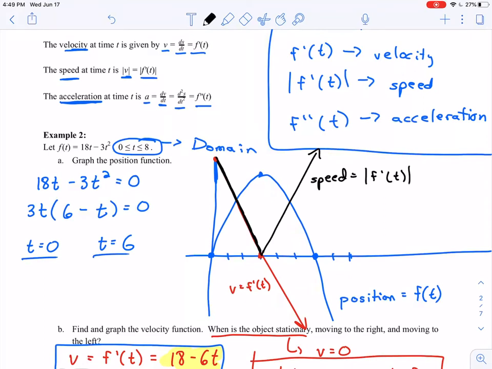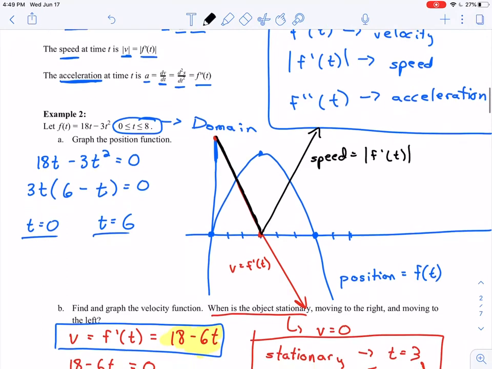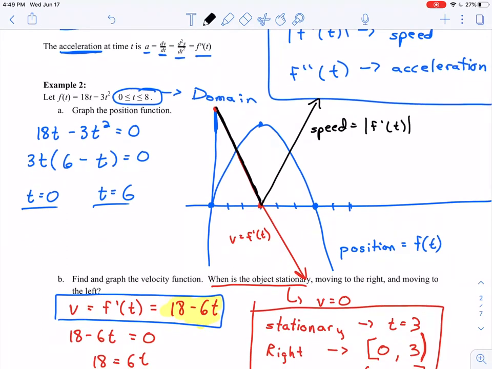So we've got speed, and we've got our graph. What I'd like to do is think about what the speed's doing on each section here. I see two parts to my speed graph. First one I see is this right here. What's happening to my speed over time?